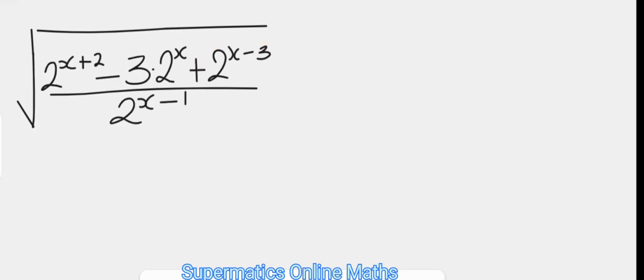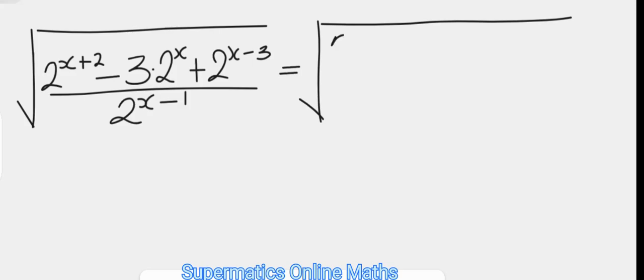So first, we are going to factor out this least power of 2 from all the powers of 2. Make it become 2 to the power of x minus 3. Then we do plus 5.